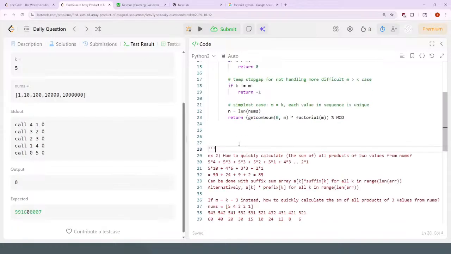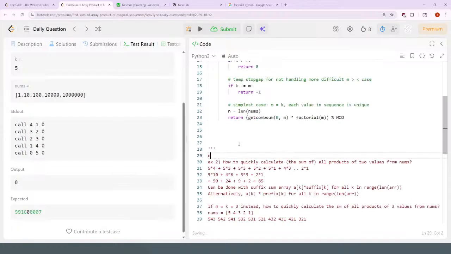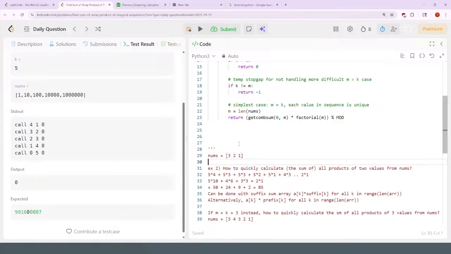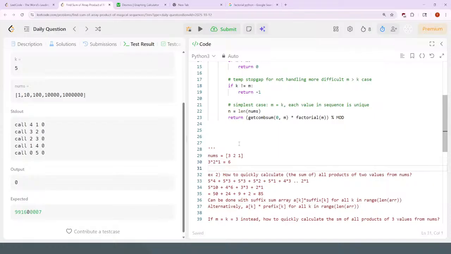So say my nums is 3, 2, 1. So the only summation should be 3 times 2 times 1, which is 6. So that should be 3 times function starting at index 1, choosing 2, plus function starting index 2, choose 3. This clearly should be 0. And somehow this should be 2.